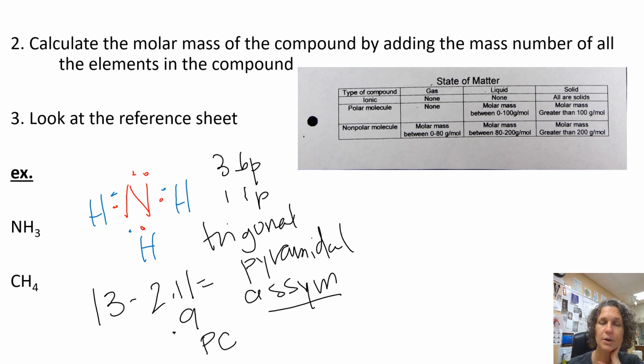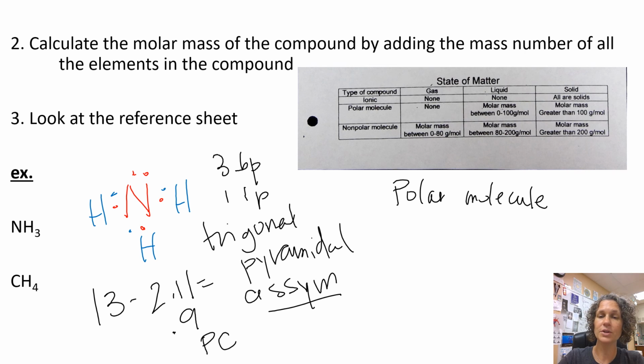Going back to the page before, to be nonpolar, you either have to have nonpolar bonds, which this doesn't, or the polar covalent bond with the symmetrical shape, which we don't. Now the second thing, the polar molecule, you have the polar covalent bond with the asymmetrical shape. So we know that we have a polar molecule.